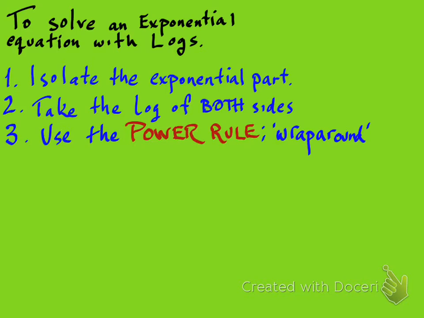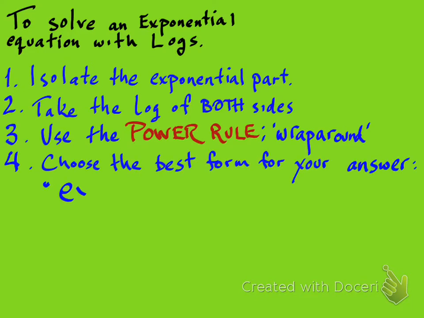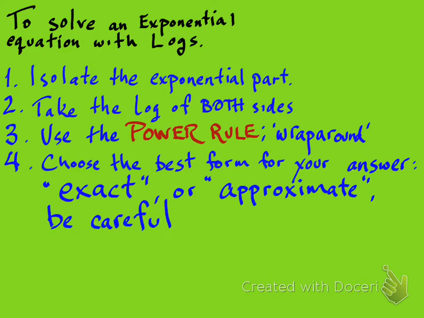And then you divide and you can get your solution pretty easily from there. So that's basically the process right there. The only other thing I would say is that you need to choose the best form for your solution, whether exact is appropriate or whether approximate is appropriate. That's going to depend on the type of equation. And as always, be careful with your calculator.